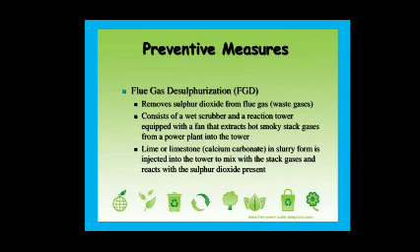Preventive measures. Flue gas desulfurization, FGD. Flue gas desulfurization removes sulfur dioxide from flue gas. It consists of a wet scrubber and a reaction tower equipped with a fan that extracts hot smoky stack gases from a power plant into the tower.